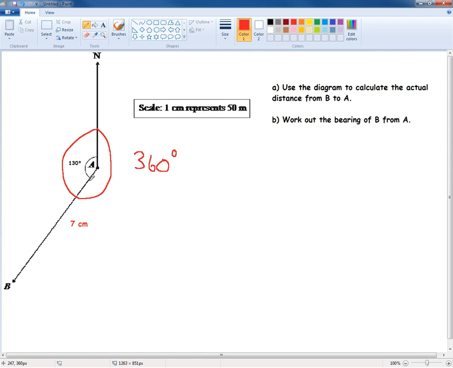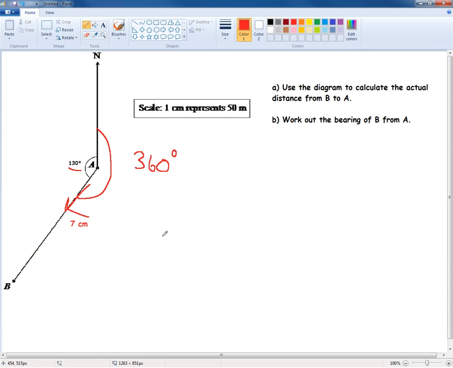Now our bearing in this direction here is 130 degrees less than the full circle. So basically we just want to know this angle here. Okay, 130 degrees less than 360.